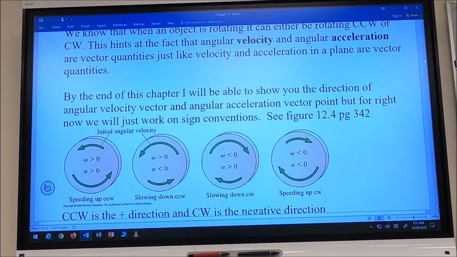We know if the angular velocity and angular acceleration are counterclockwise, we call it positive, and if it's clockwise, we call it negative. Okay? Now, if the angular velocity and the angular acceleration both point in the same direction, then we have an increase in speed. They point in opposite directions, we have a decrease in speed. If you look at the pretty pictures here on the screen, it's just reinforcing that.